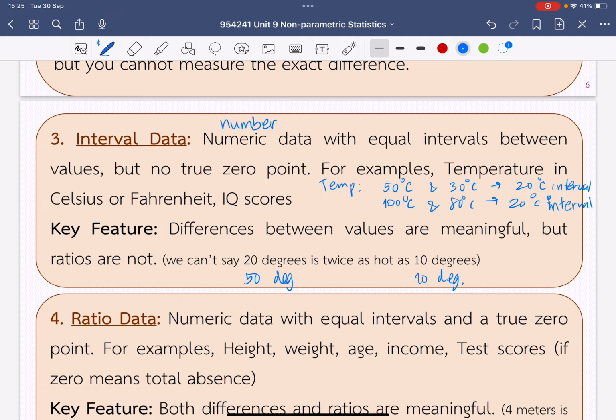You cannot go by ratio. The ratios are not meaningful for interval data, but the intervals are equal even though the numbers are different here.